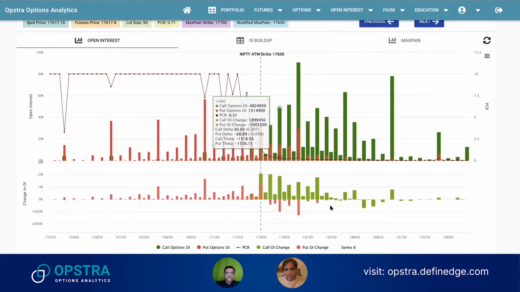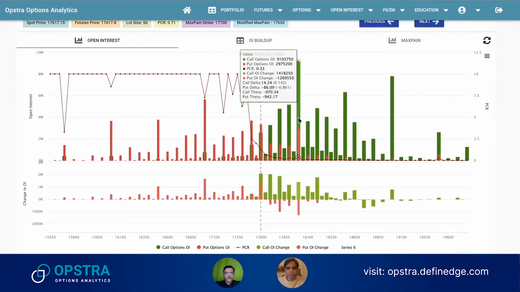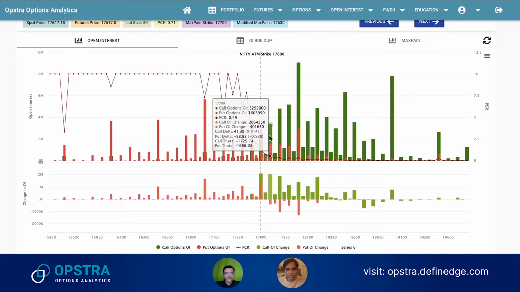And this is change in OI and this is OI. If you hover, it will show you all the data pertaining to that particular chart, like what is the call options OI, what is the PCR, change in OI, and also the delta value and theta both. We are going to add some more features there.